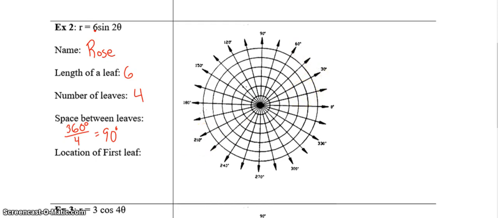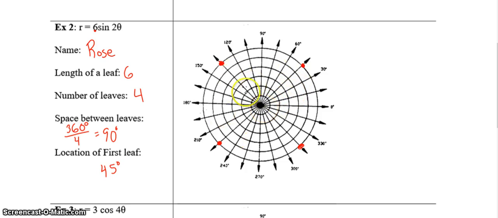Now that first leaf ended up being at pi over 4, or in this case 45, and then 90 more than that would be at 135, 225, 315. Now if you got carried away and added 90 again, boom, you're right back here but at a coterminal angle.